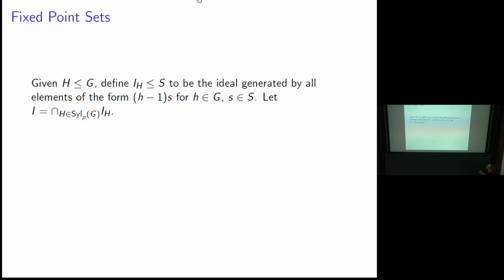Since we have a ring, you can try to look at the fixed point sets in the geometry. This is basically how you get the fixed point set in the underlying variety.